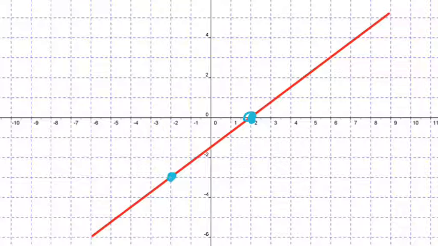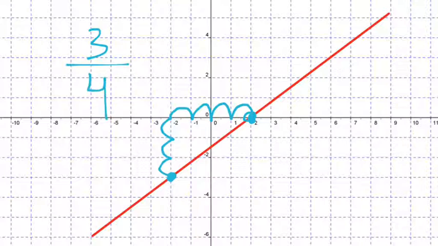Use green, dark green. 1, 2, 3. Right? So far, my slope is 3. Rise over run, right? So now I must run. 1, 2, 3, 4. 3 over 4 is my slope.